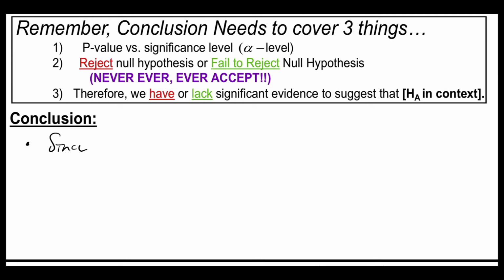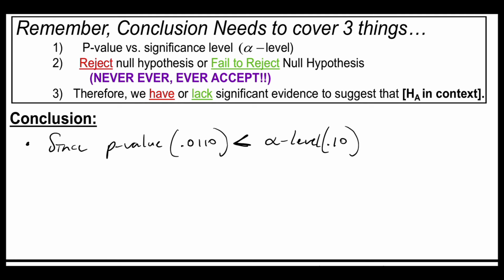So since p-value 0.0110 is less than alpha level, which was 10%, we reject the null hypothesis.